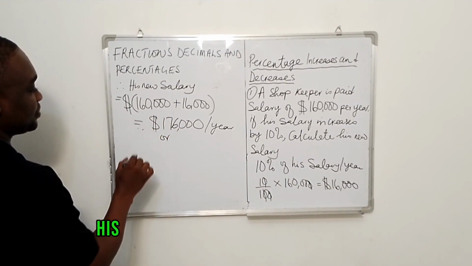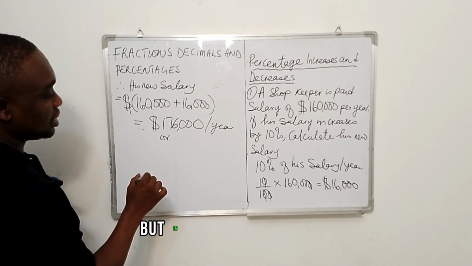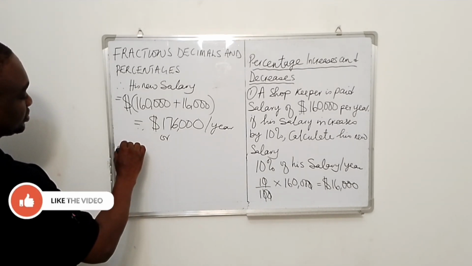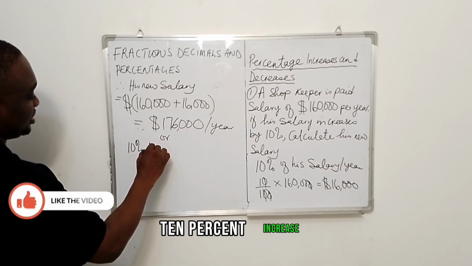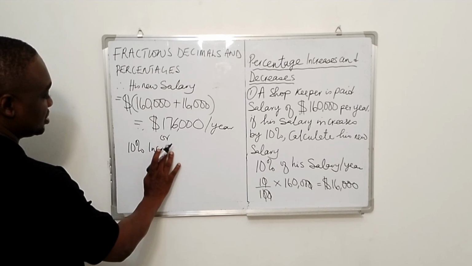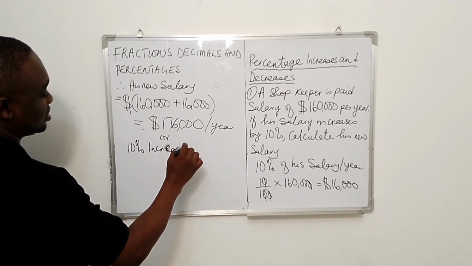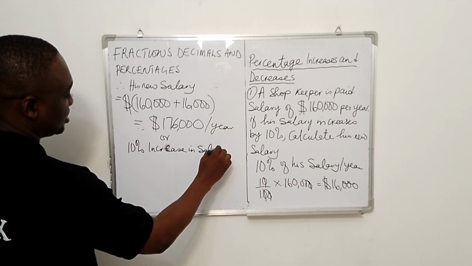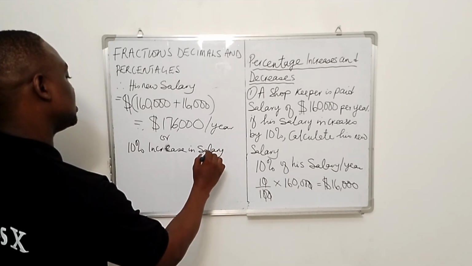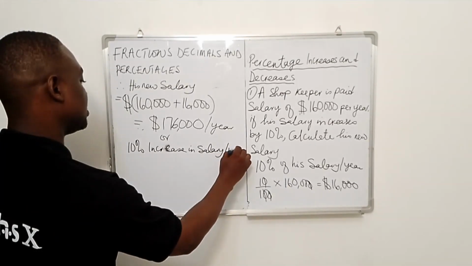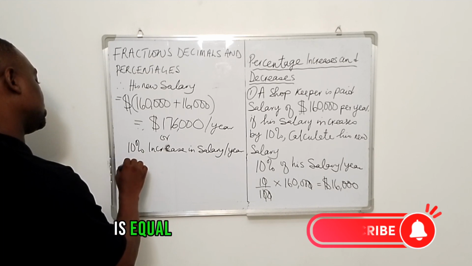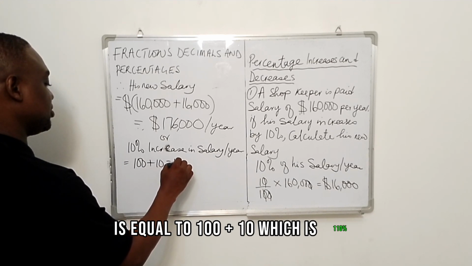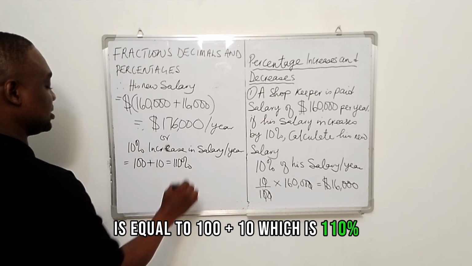For the second aspect, as in our second solution, a 10% increase in salary per year is equal to 100 plus 10, which is 110%.